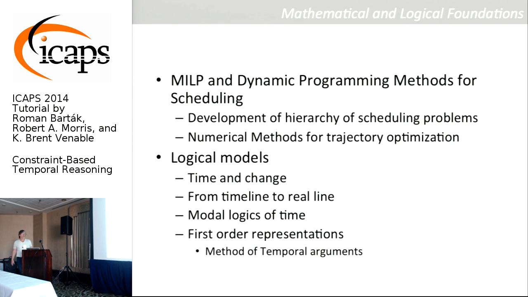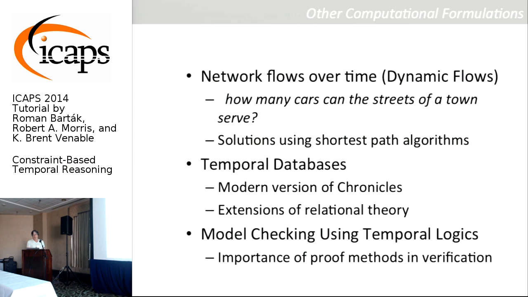The method of temporal arguments was very influential in the development of machine representations of time in the 1980s by people like James Allen, who used the same kind of first order representation of time in his work on temporal reasoning.